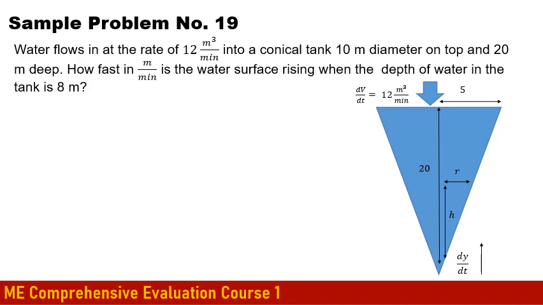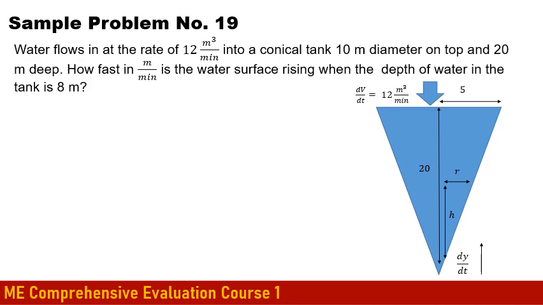So this is the illustration. We have the conical tank. The diameter at the top is 10 meters, so the radius is 5. And the height is 20 meters because it's 20 meter deep. Water is flowing into the tank, and that is equal to the change in volume of the water in the tank.